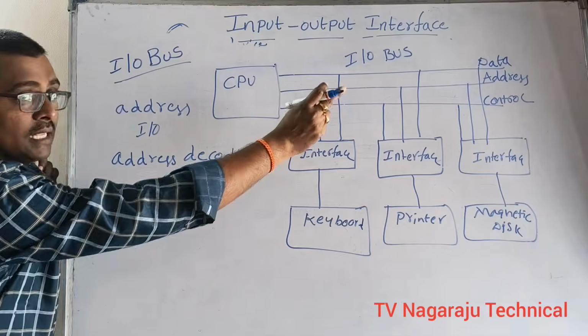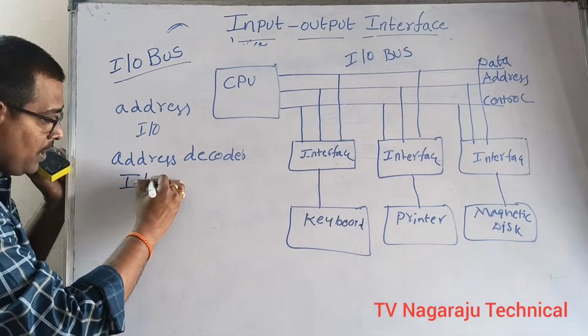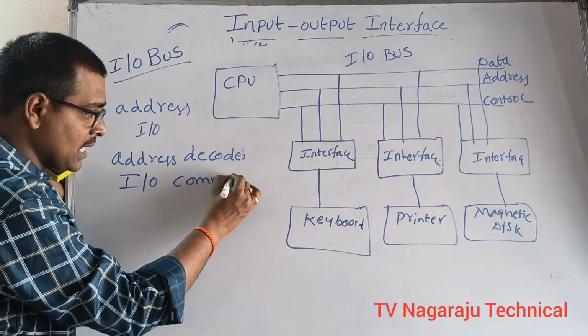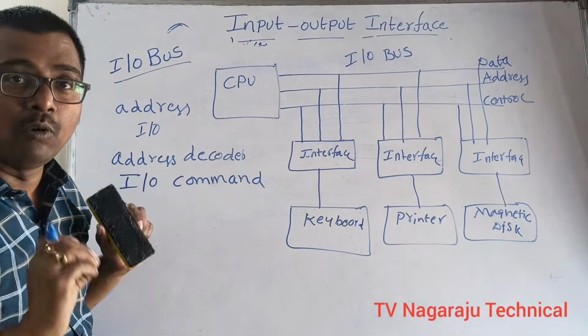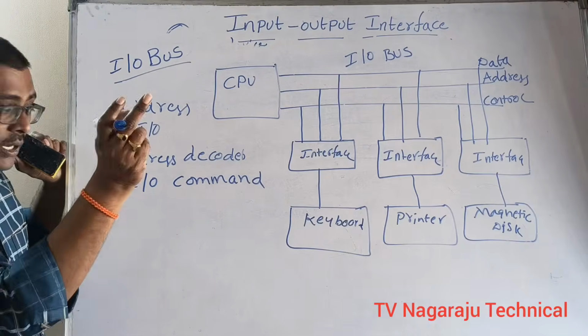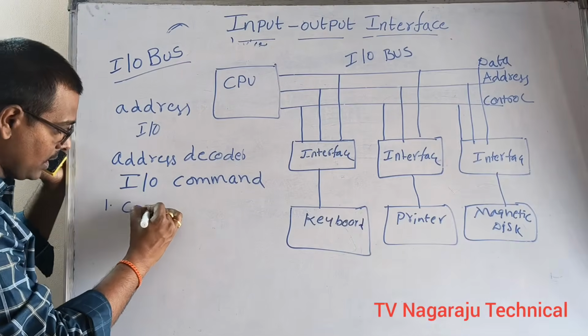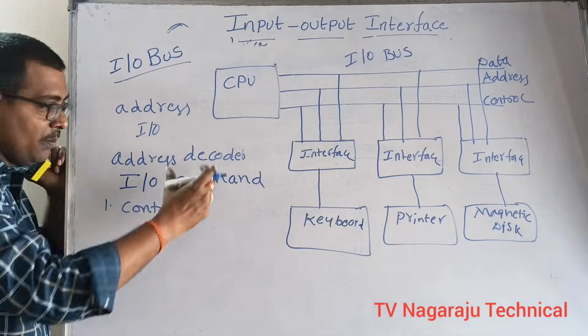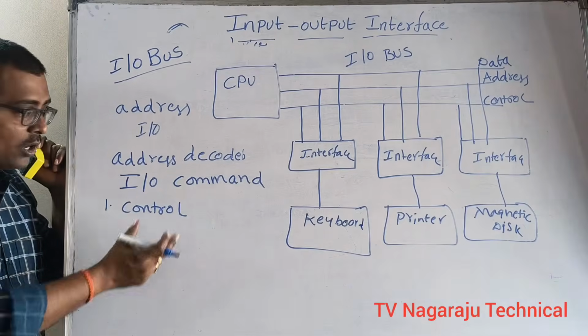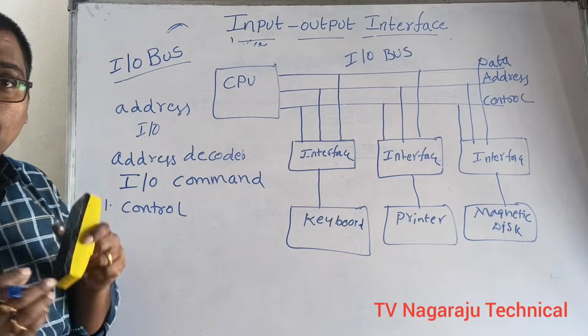Along with placing the address, the CPU also places an I/O command, that is, an input-output command. There are four types of I/O commands. The first one is the control command.